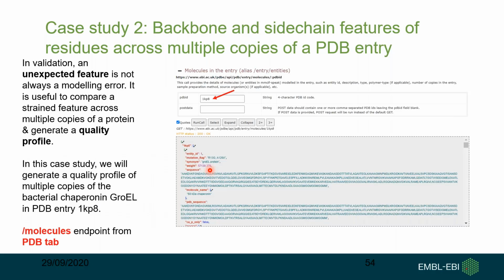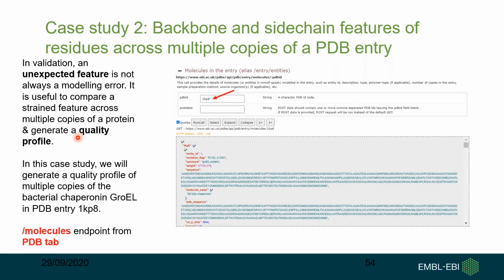Let's move on to a second case study. In validation, sometimes we get an unexpected feature. An unexpected feature is not always a modeling error. What we can do is generate what is called the quality profile.